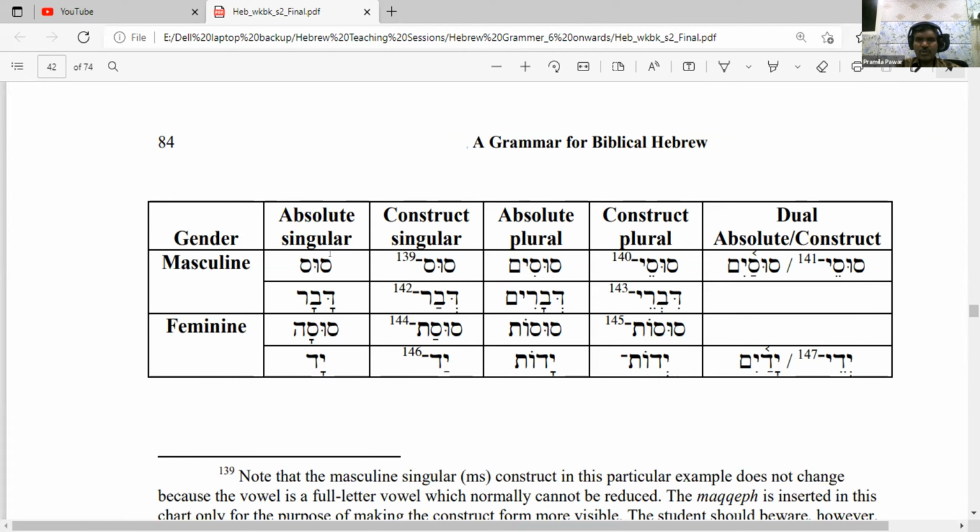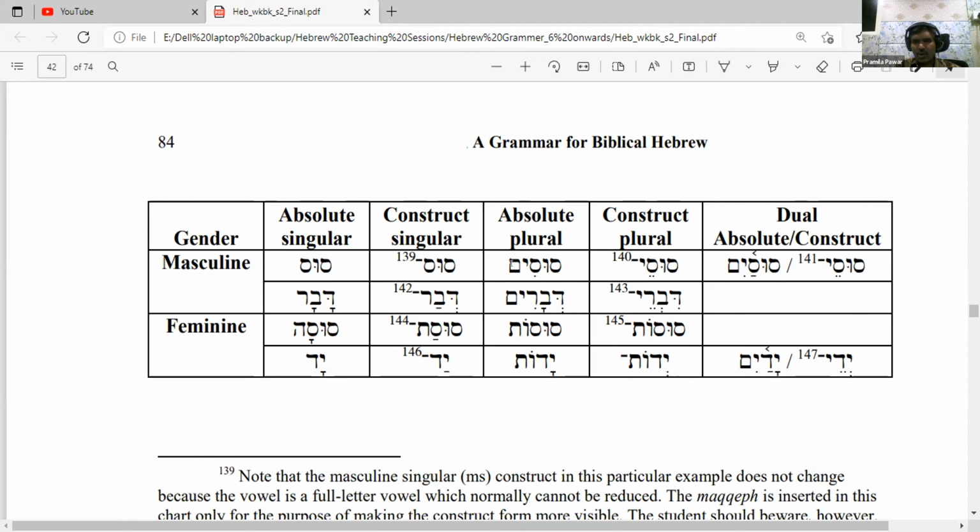So what is the masculine plural form of sus? Susim. Now this is in absolute state, but if you have to put it into the construct state, horses of, then see the changes in the vowel pointing.